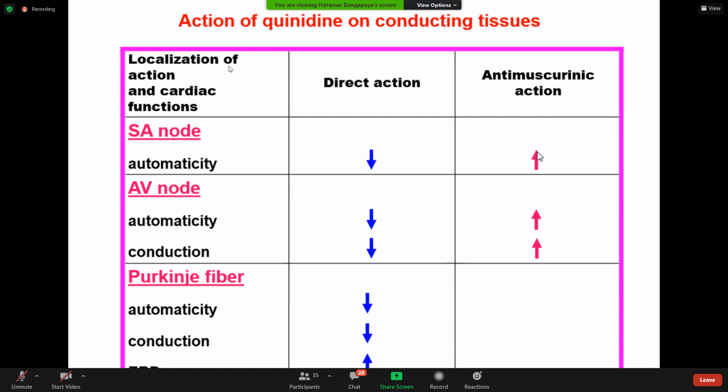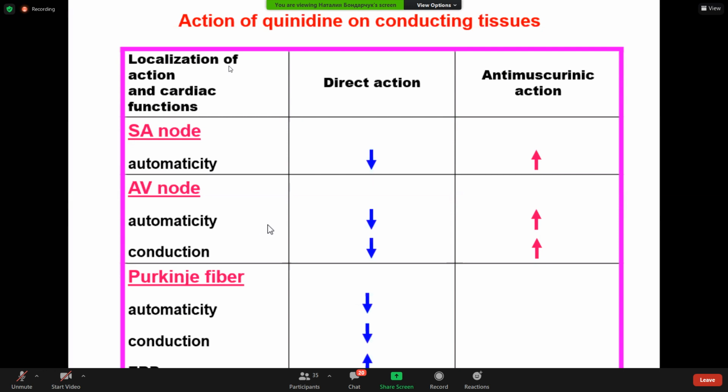But this drug also inhibits muscarinic cholinoceptors, and if you remember, in the heart M2 cholinoceptors are localized, so it will cause the opposite effect to the direct action, increased automaticity. So that's why we can't predict the end effect of this drug on the automaticity of the sinoatrial node. In some patients it can be bradycardia, in some tachycardia, but more often mild bradycardia.